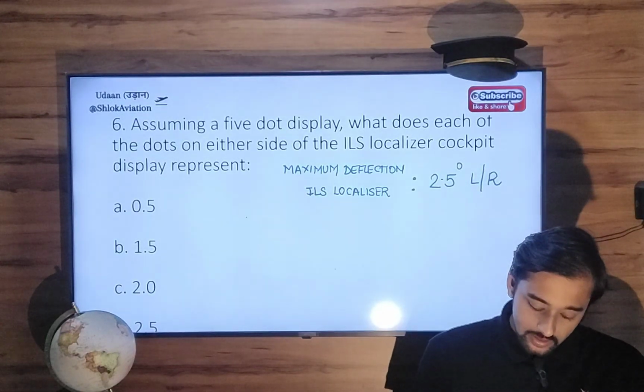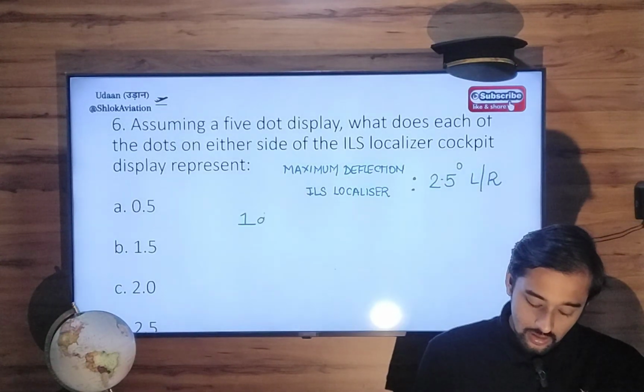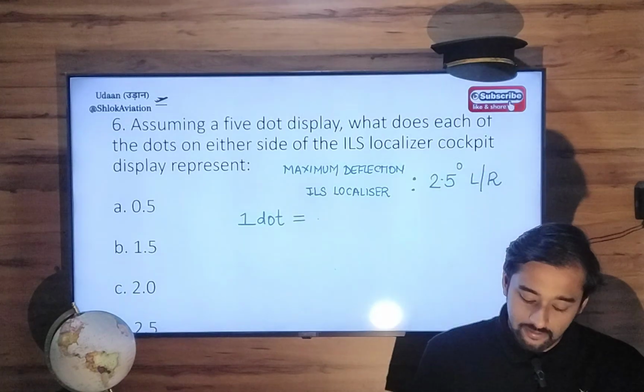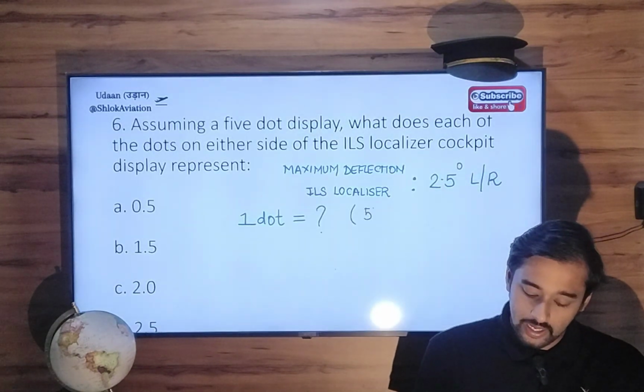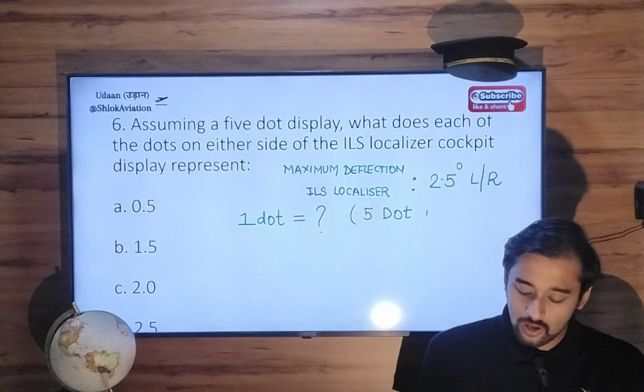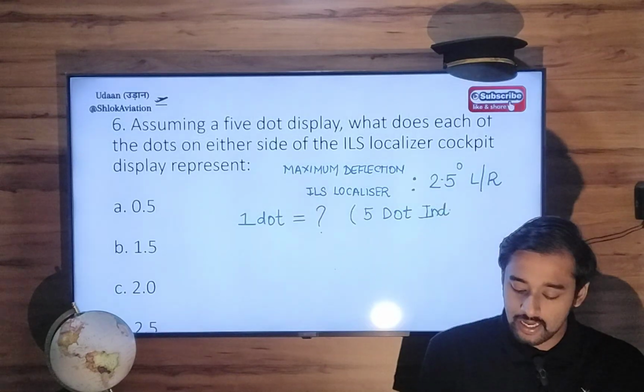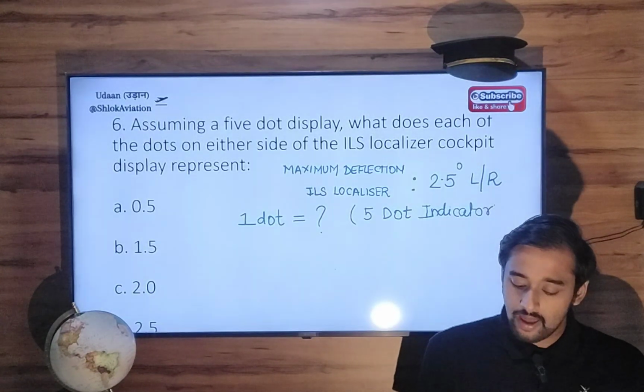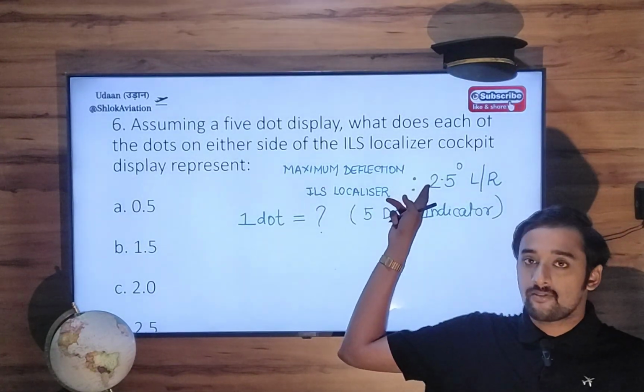Now one dot will be equal to what value in case of 5 dot indicator? So the maximum deflection is 2.5 degree.